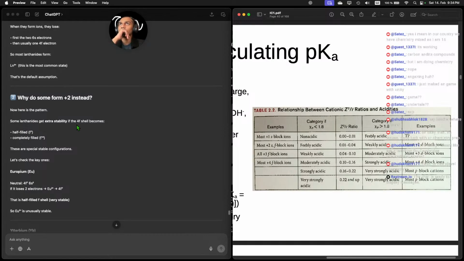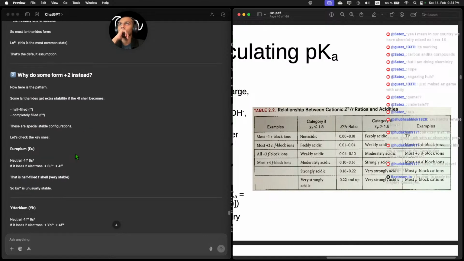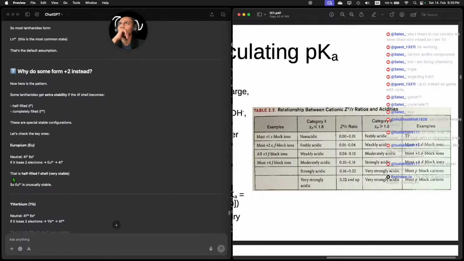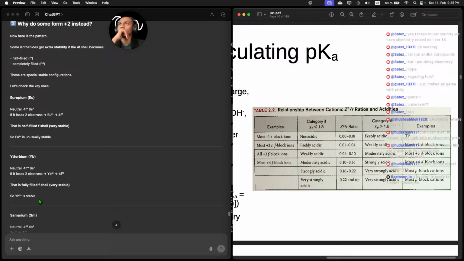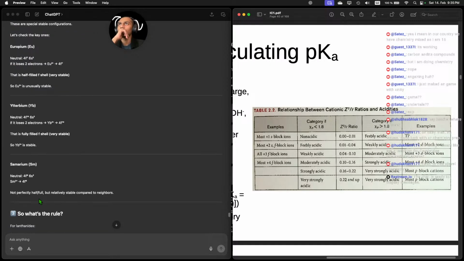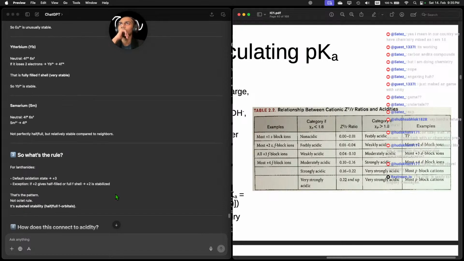Some lanthanides get extra stability if the 4f shell becomes half filled. Okay, okay. So 6s2, half filled. Samarium, not perfectly half filled, relatively stable compared to neighbors. Lanthanides' default oxidation state. Lanthanides is the one on the top.